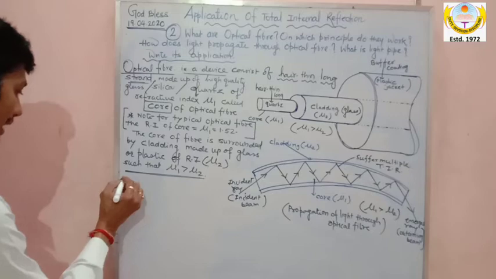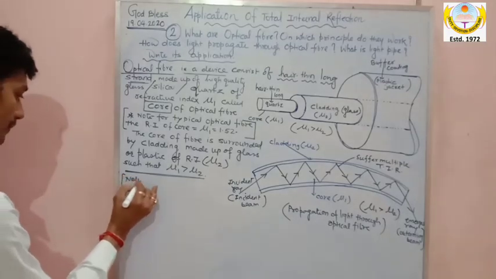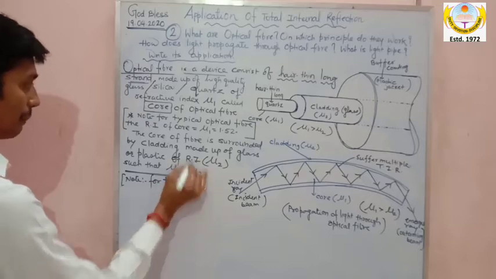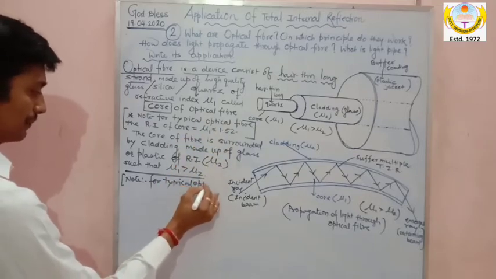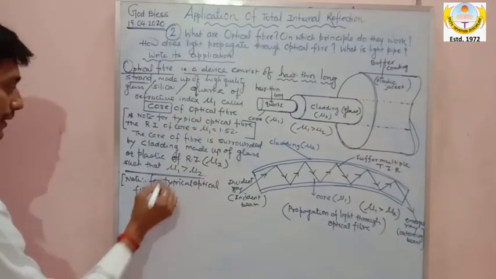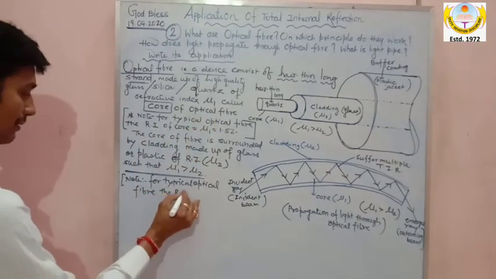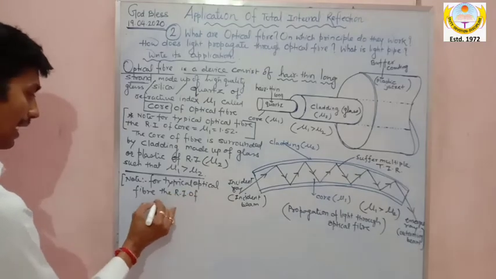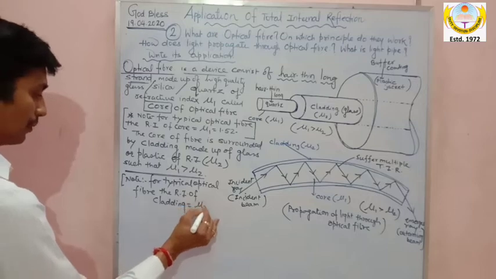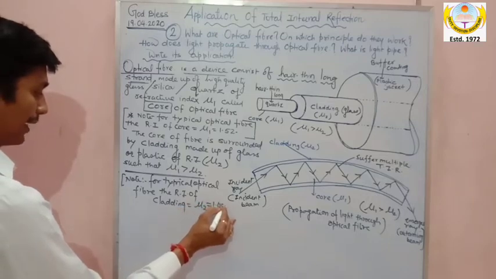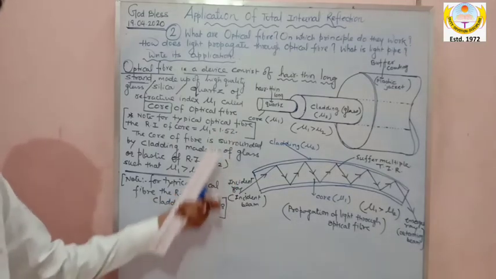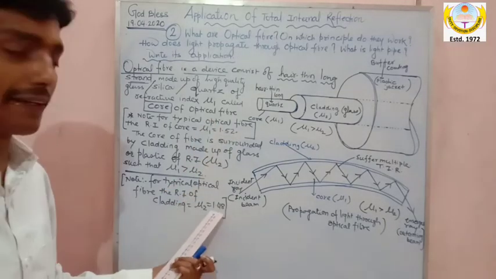And I am writing here again a note: for a typical optical fiber, the Ri of the cladding, that is mu 2, is equal to 1.48. This is the note point, and you can see from these two points that 1.52 is greater than 1.48.